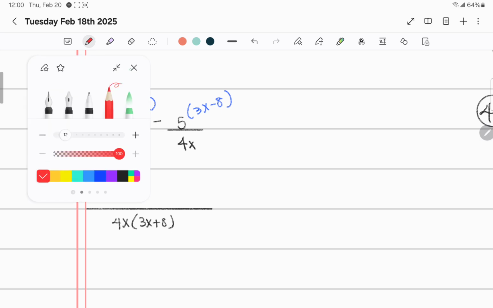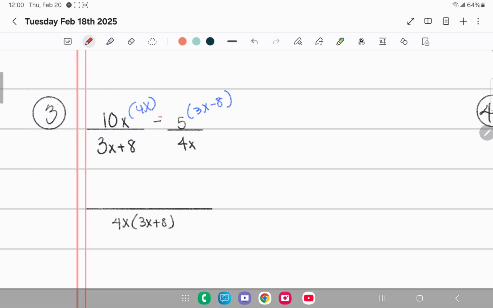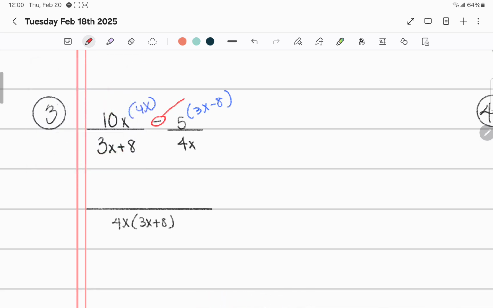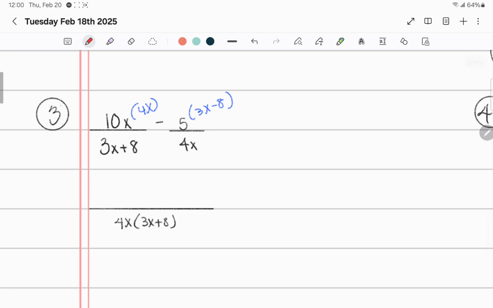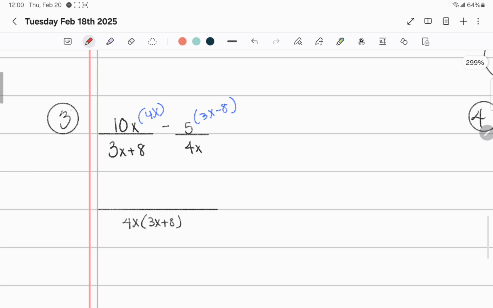So just a note, since there is a negative sign here, you can distribute the negative. So we can make the 3 negative and the 8 positive. That's how we distribute the negative sign. So again, we can take the negative sign and flip the signs in here by doing the opposite sign.